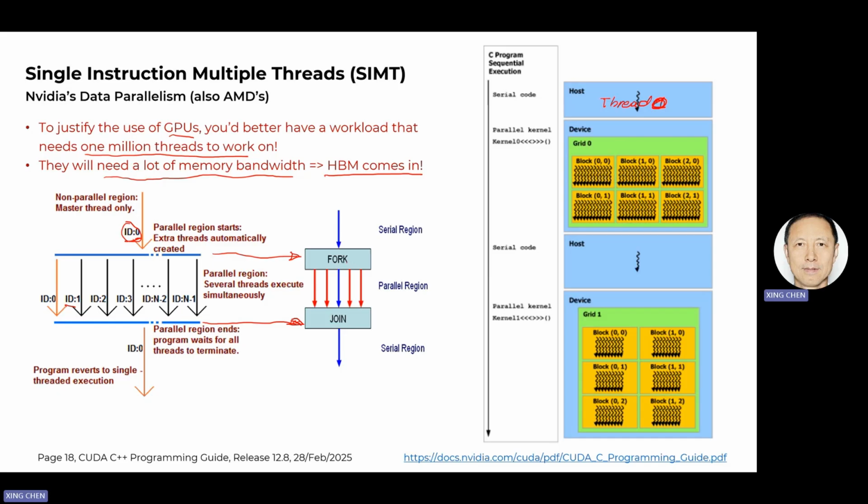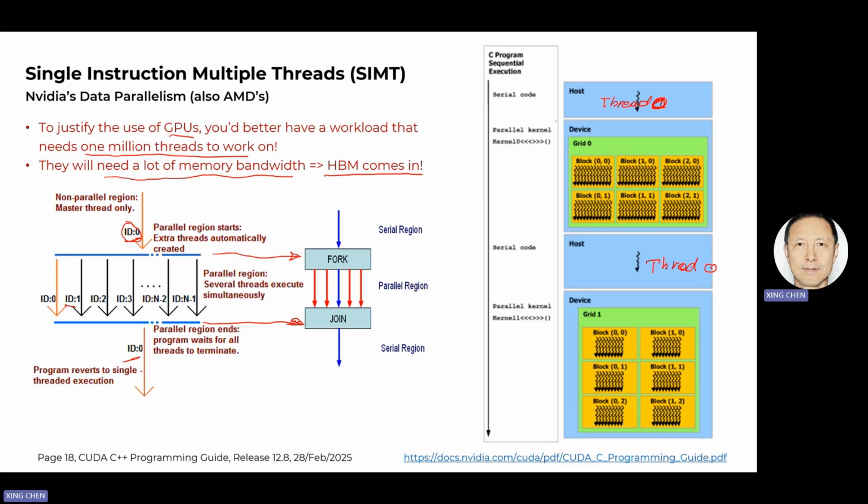The function call used is fork, and after the workload has been done, all the created threads will join thread 0 to come back to having only one thread. So here you have thread 0 back again.